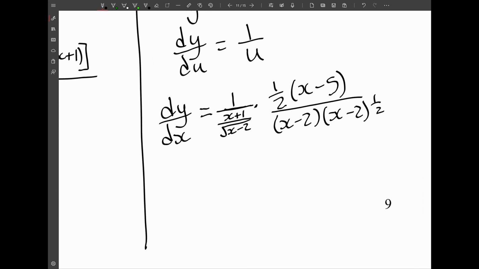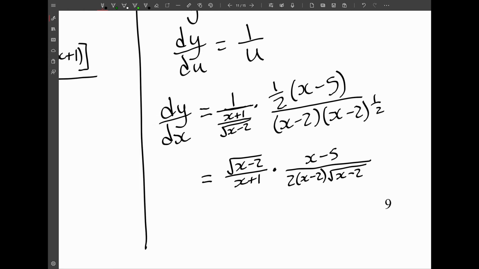Okay, doing a little bit of simplification magic, this becomes the square root of x minus 2 over x plus 1 times 1/2, or better yet, I'm just going to move that 2 to the denominator, (x minus 5) over 2 times (x minus 2), and remember (x minus 2) to the 1/2 is the same thing as the square root of x minus 2.